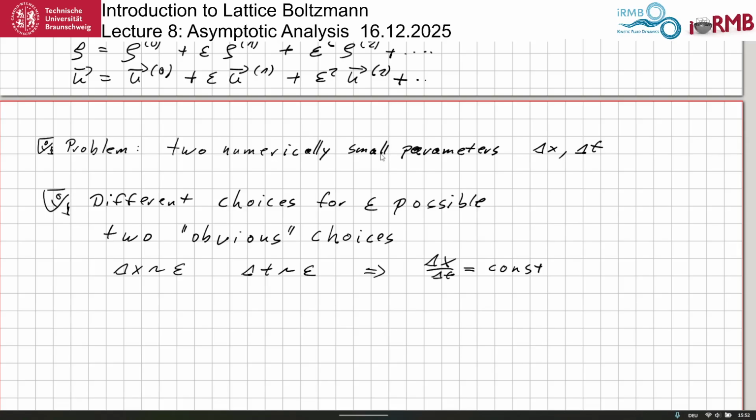And when they are constant, that would mean that the speed of sound, which is a constant in lattice units, the speed of sound is invariant under scaling.